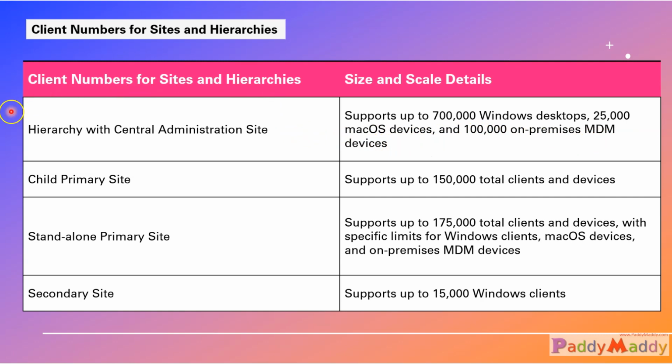Most SCCM or ConfigMgr admins think that it cannot manage mobile devices, but that's wrong. People still think that only Intune can do mobile device management and you cannot manage mobile devices with SCCM. No, mobile device management can be done with ConfigMgr, but we call it an on-prem MDM solution, not cloud based.